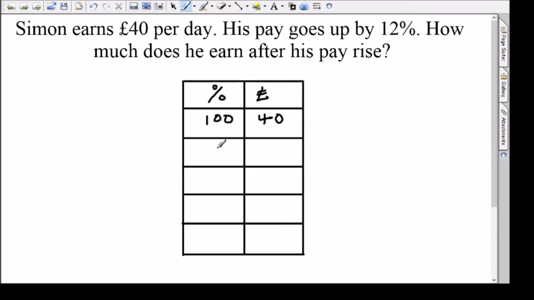Okay, let's start with 10 because that's fairly near to 12. So if I know 100% is £40, 10 tens going to 100, so that must be 4. Okay, from 10% I could get to 1%, we can divide by 10. There's something we can do quite nice and easily.